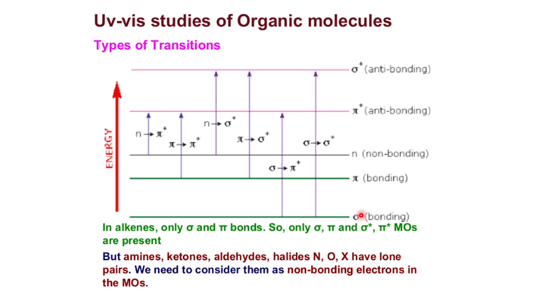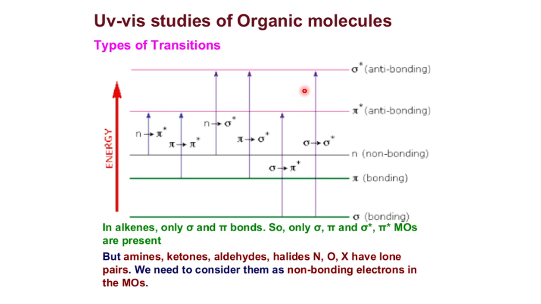The most stable one is the sigma bonding, then pi bonding. Bonding orbitals always have the least energy because they are much more stable. Then the non-bonding where the lone pair is present, then pi star antibonding, and at last sigma star antibonding. So there are different possibilities of electronic transition.